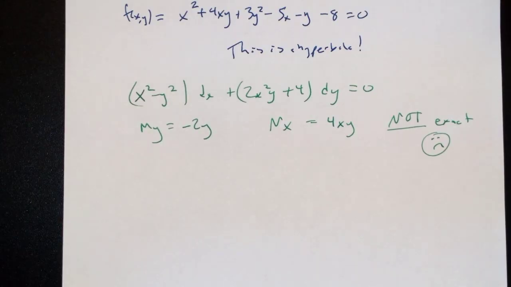Wait a second. With my linear equations, sometimes I didn't have something that was already a product rule, but I could multiply something in and make it a product rule, right? So maybe it's possible for me to do the same thing here. Maybe there's an integrating factor trick.